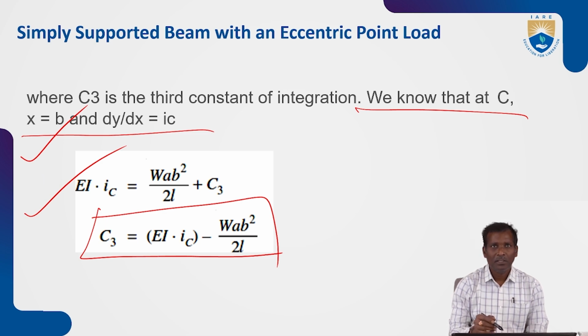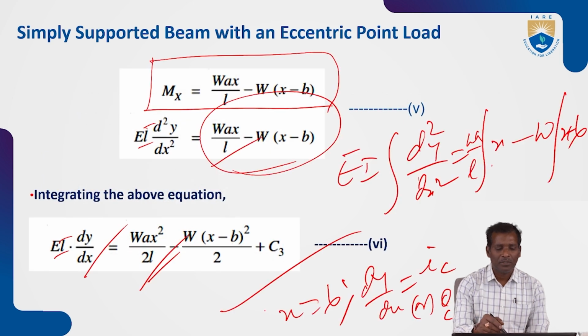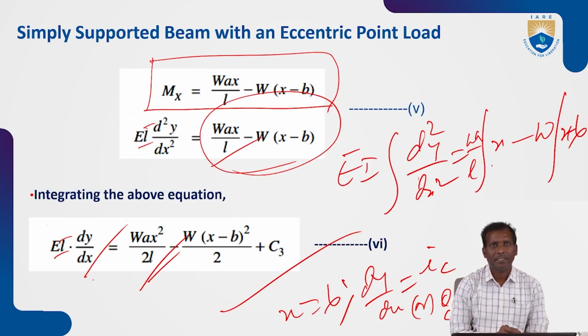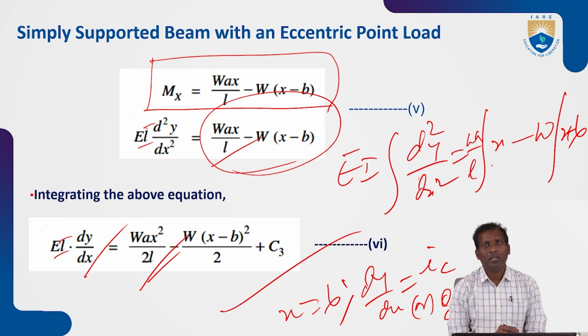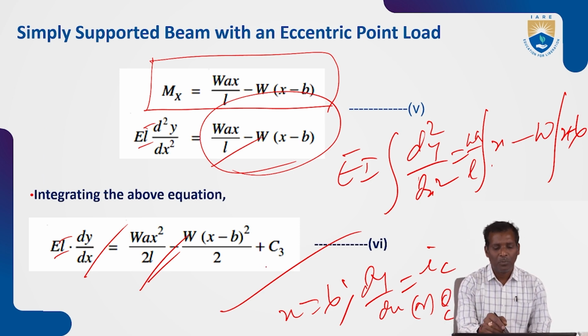Now substitute this C3 value in the above equation, EI into dy by dx is equal to Wa X square by 2L minus W into X minus B whole square by 2 plus C3.